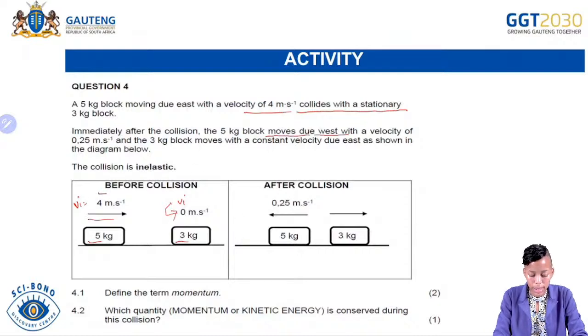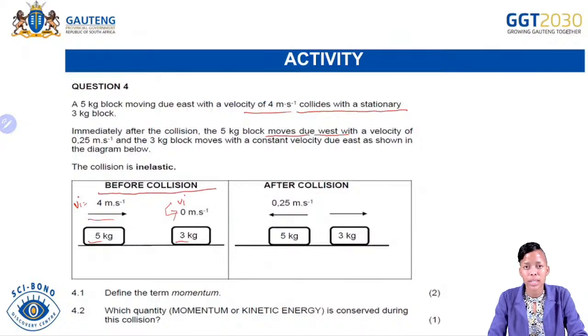Then it says immediately after the collision, the 5 kilogram block moves due west. So it is a clear illustration here. This is the information that we have before the collision, and this is the information that we have after the collision. The 5 kilogram block is now changing direction, moving due west with a velocity of 0.25 meters per second.